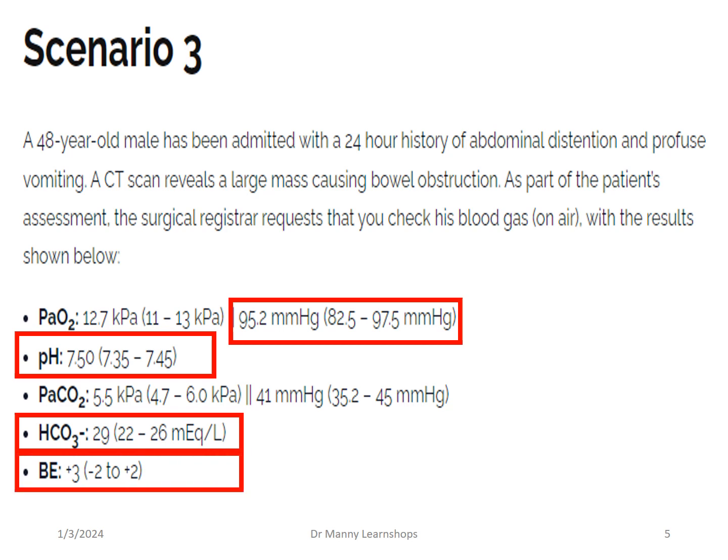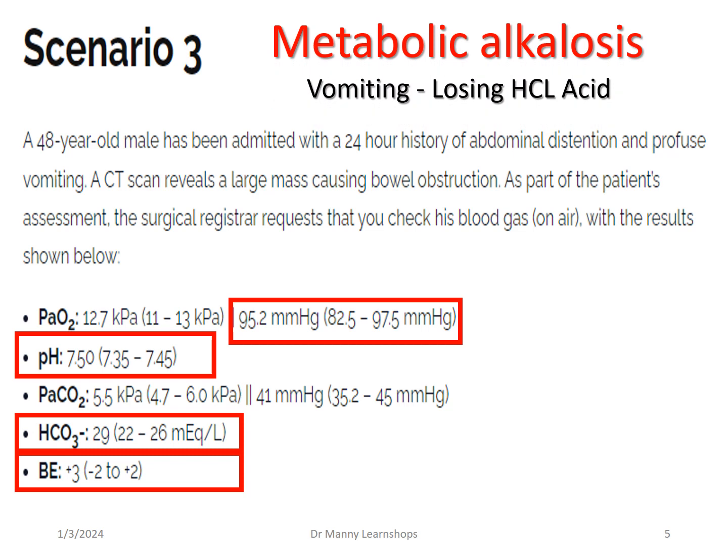We look at the base excess, which is elevated, also indicating alkalosis. The PaCO2 is essentially normal. So therefore, what's our diagnosis or our interpretation of the arterial blood gas? What we have is now a metabolic alkalosis, probably related to excessive vomiting and losing excessive hydrochloric acid from his stomach.